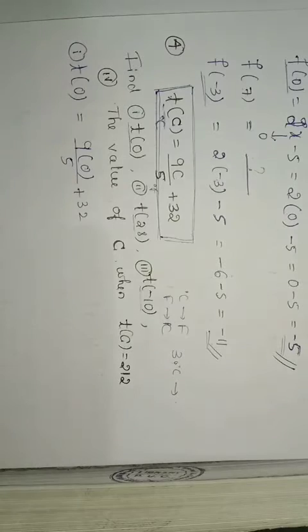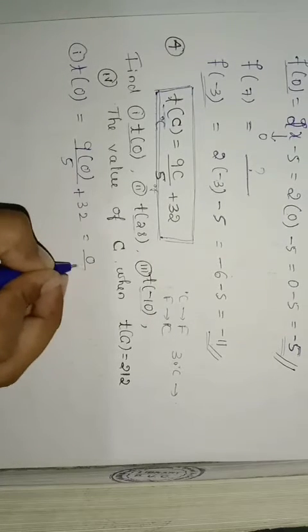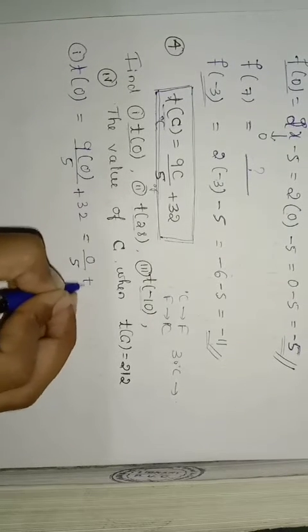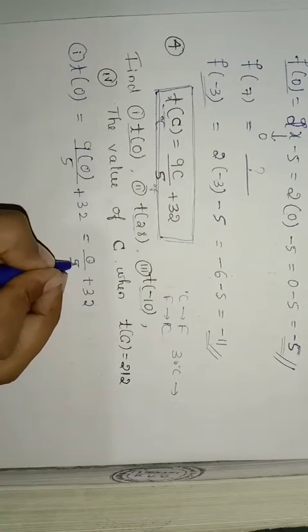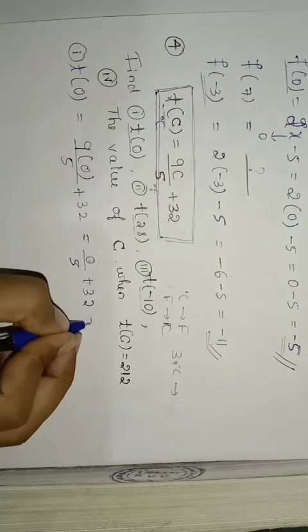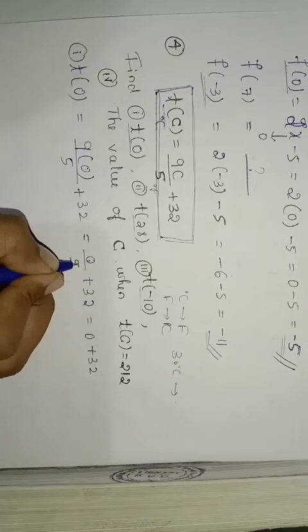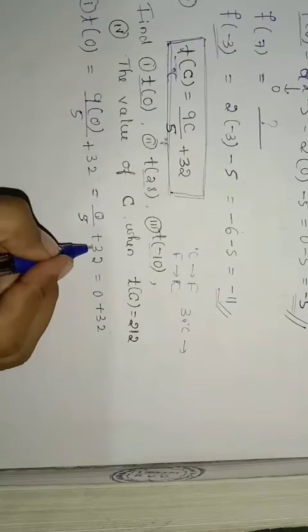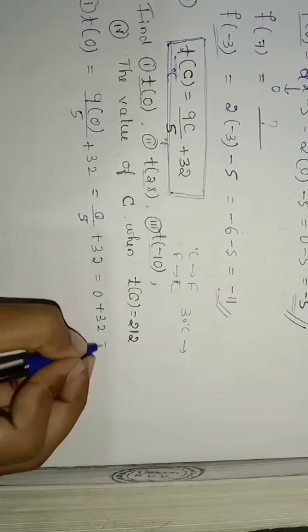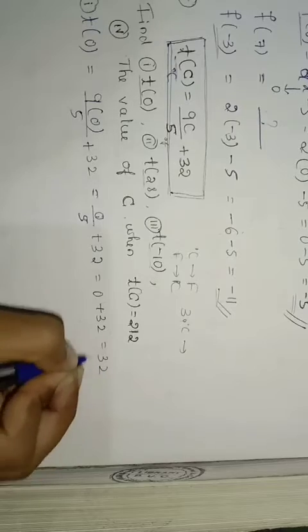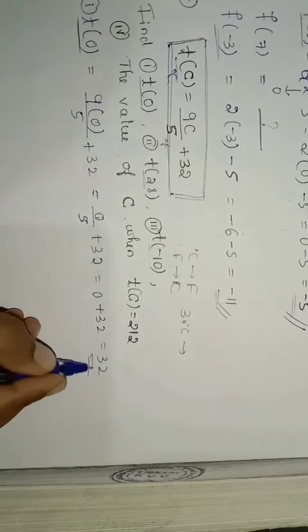9 into 0, that is equal to 0 by 5 plus 32. So 0 by anything will be 0 plus 32. See, 0 by anything is 0, but anything by 0 will be infinity. Keep it in mind. So 0 plus 32 is 32. So we got t of 0 is equal to 32.